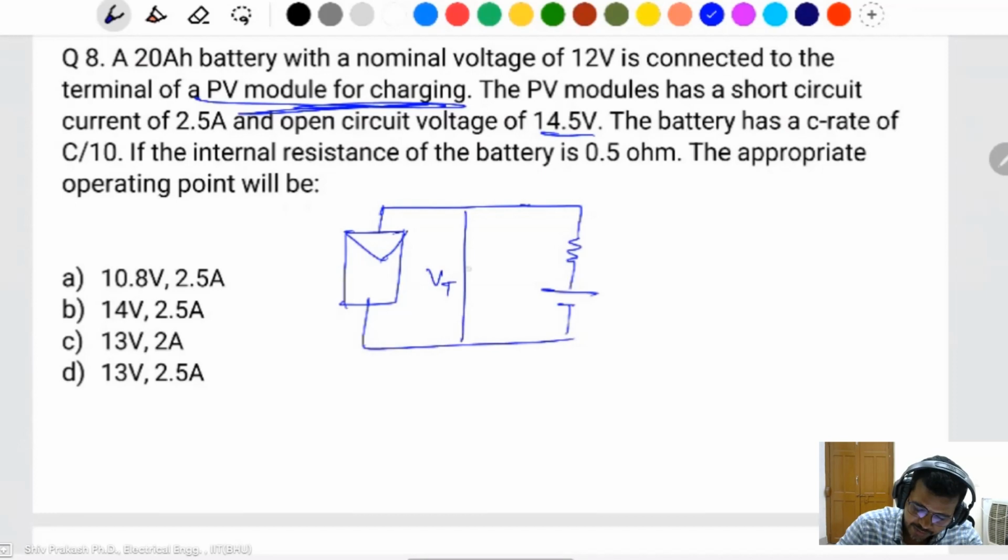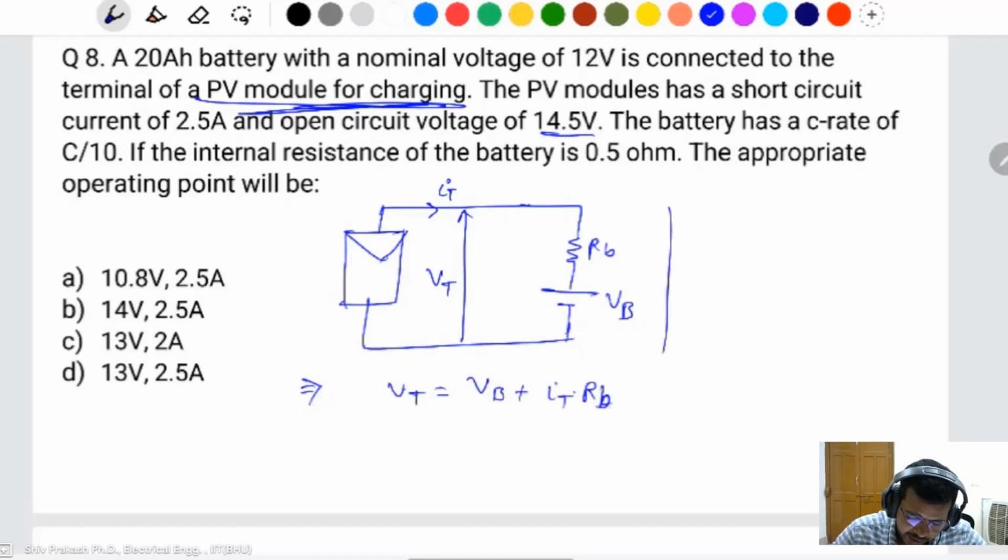This is VT, IT, or IV. This is RV, VV. VT is equal to VV plus IT into RV.